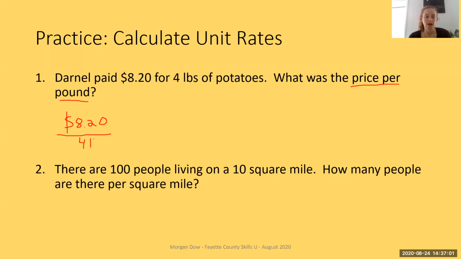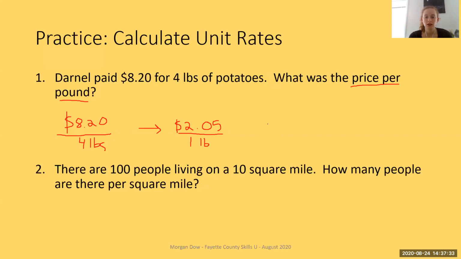And then I'm going to divide. So 8.20 divided by 4 is $2.05. So this becomes $2.05 per pound. Per 1 pound.